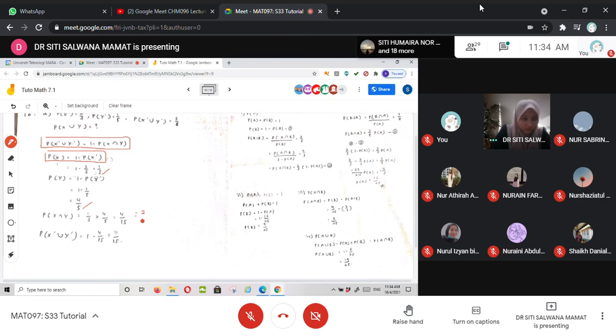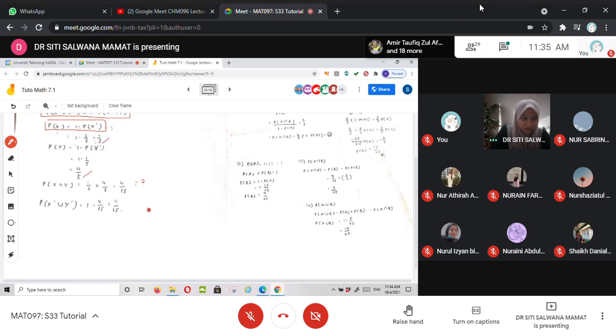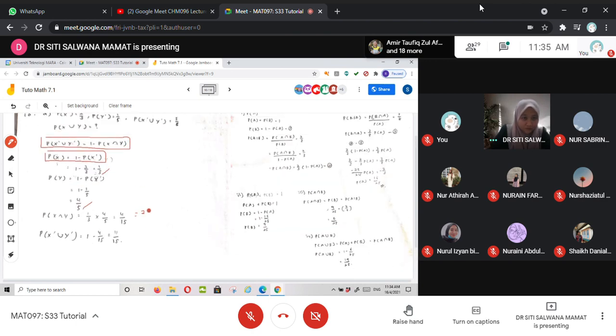Okay, so you gunakan this rule. Okay, meaning that 1 minuskan dengan this 3 over 5. Kita dapat 2 over 5. Ini macam mana ni? Okay, sekejap katalah I buat ni x complement. Okay, this is x, this is you punya y.